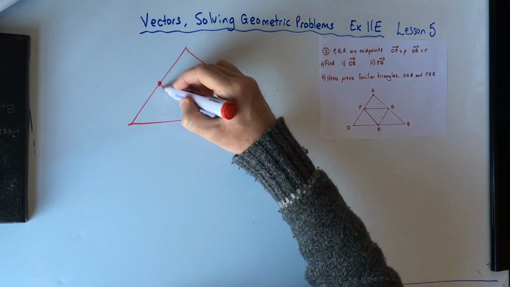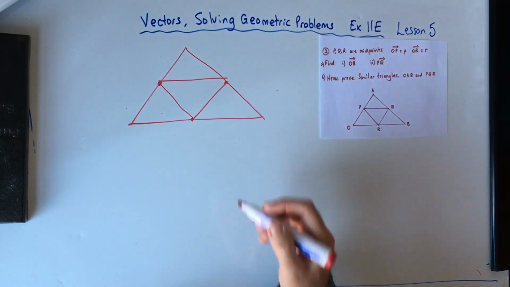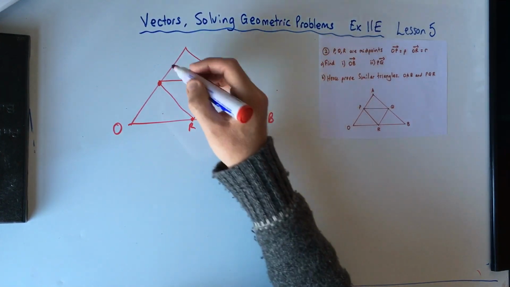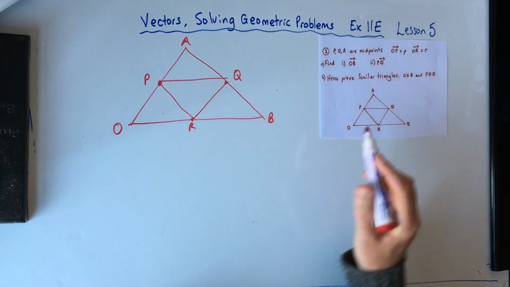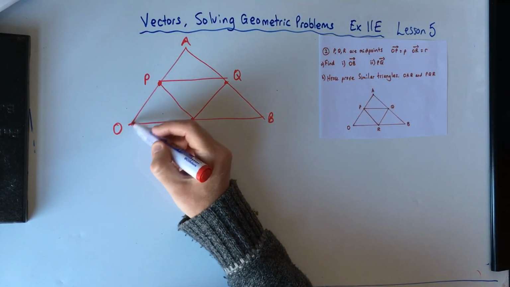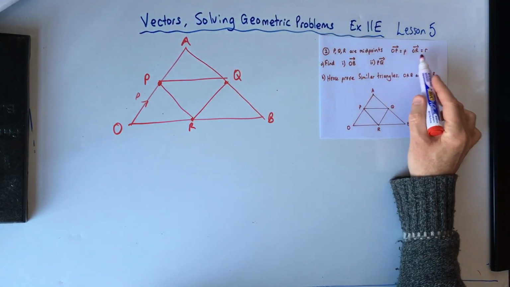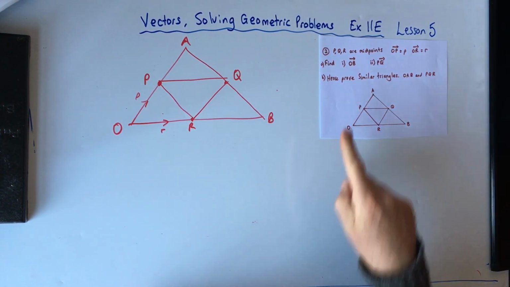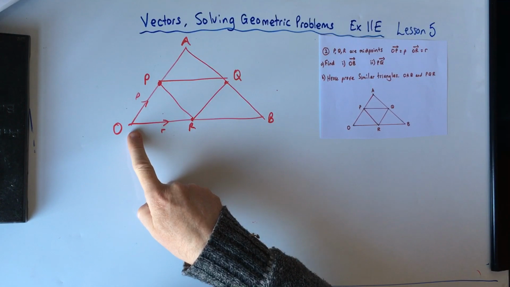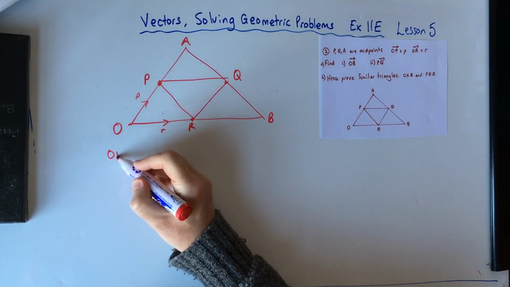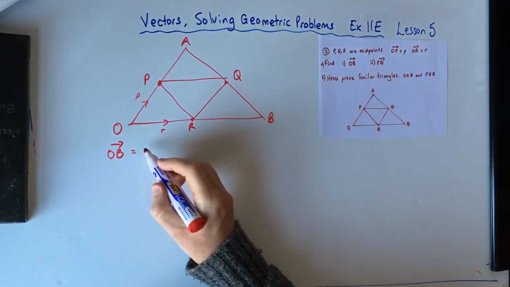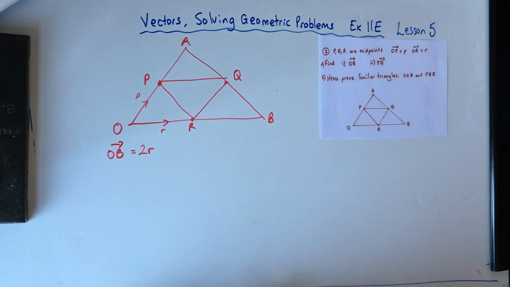The points are B, Q, P, and A. It says that OP is P, so from O to there, that's a P, and OR from there to there, that's an R. What have we got to do? We've got to find OB. OB is easy. OB is just 2R, because that's the midpoint. So that's straightforward.